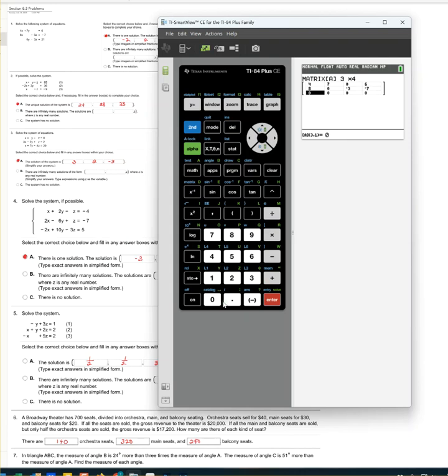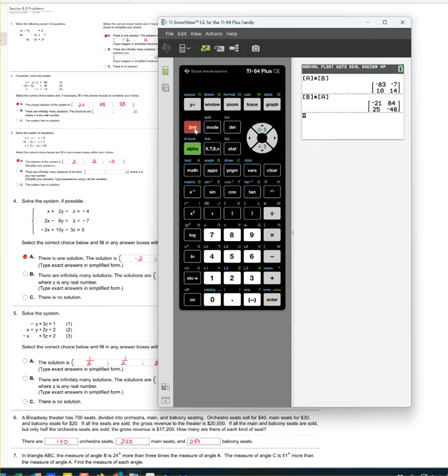Put in the last row, which is 0, 6, -3, and 21. All right, and then you always want to go back and look. 4, 7, 0, 6, 8, 0, -3, -7, 0, 6, -3, 21. So once you've got it all in there, second, quit.